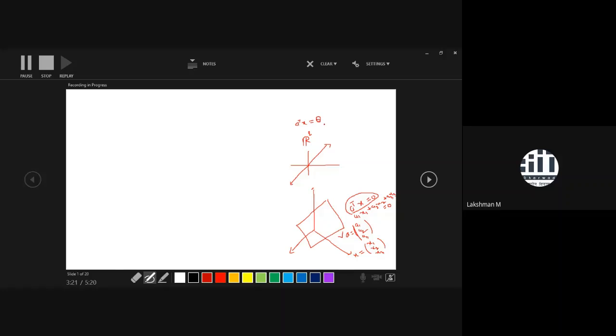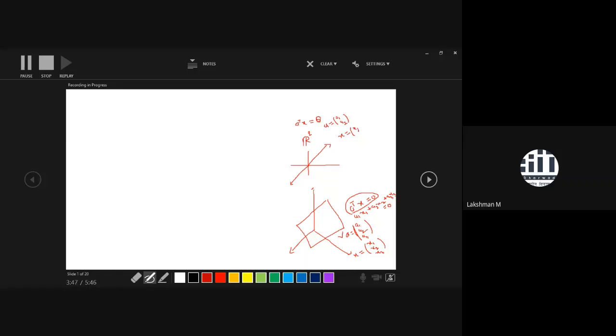But if you are in R2, then A would be a two-dimensional vector, and X would be any arbitrary point in 2D. That means X will have two coordinates and A will also have two coordinates. We are writing in the coordinate picture. The first coordinate of X is X1 and the second is X2.